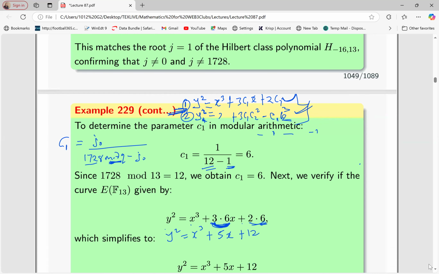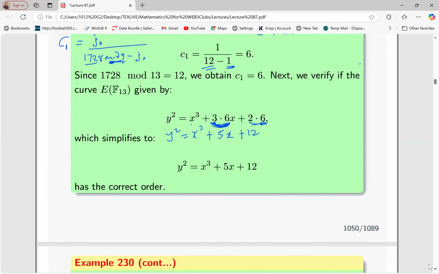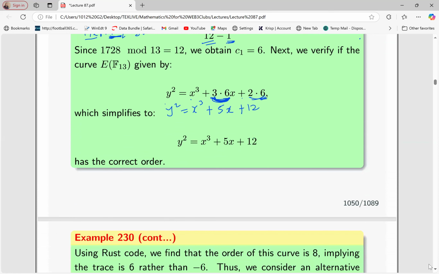You check whether this equation has 20 points. If it doesn't have 20 points, it means we go for the second option.